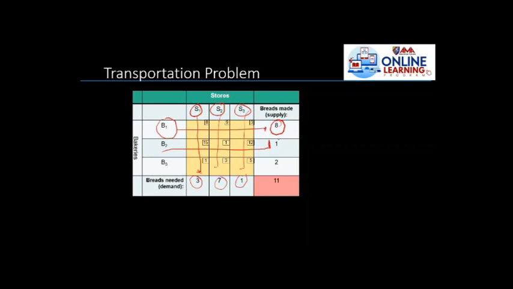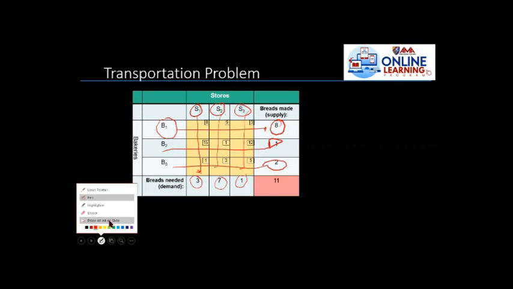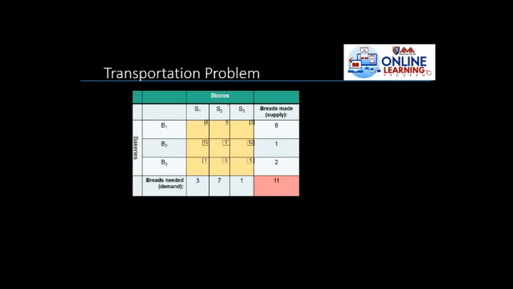Sa bakery ito, isa lang. Ito, 2. So from that, you can say that ang kayang ibigay or i-supply ni Bakery 1 sa each of the store every day on this cell, kung order sila kay Bakery 1 is 8. Maximum yan. Dito 1 ang maximum, dito 2 is maximum.